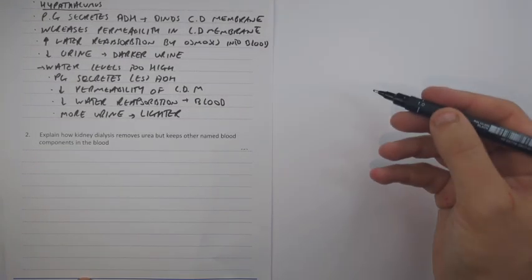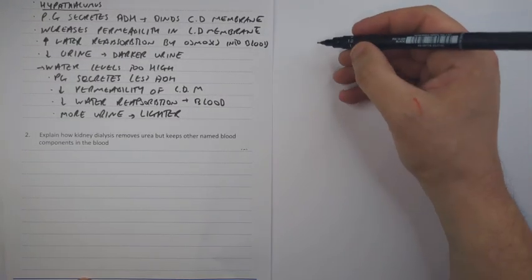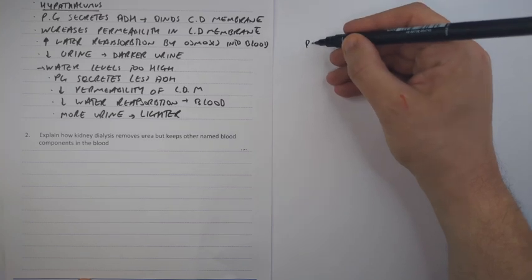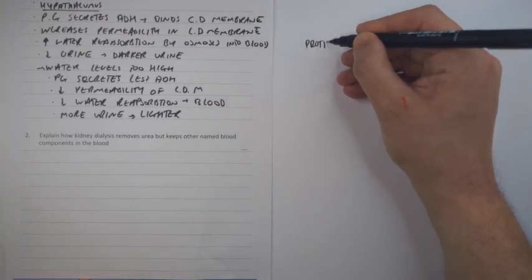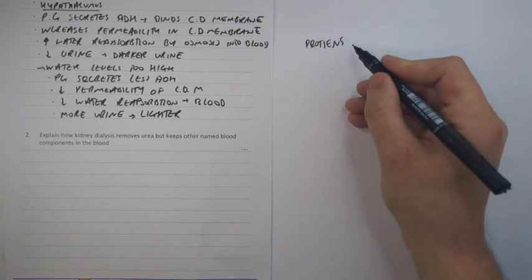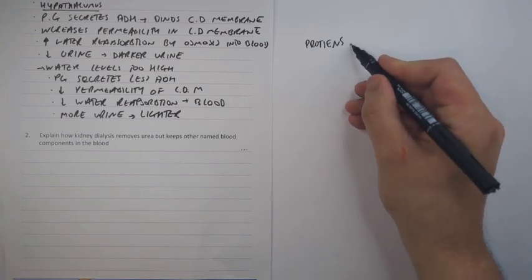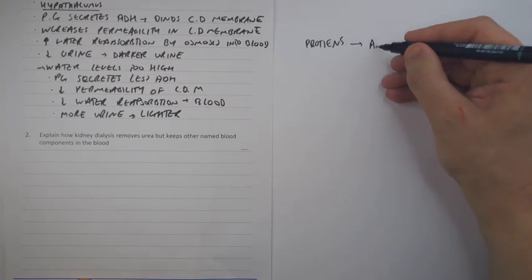But before we do that, let's just talk about where urea comes from. If you've got proteins, these proteins are broken down into amino acids.